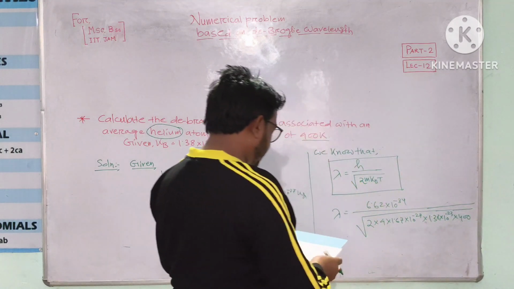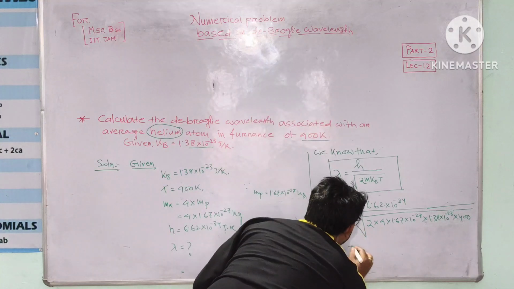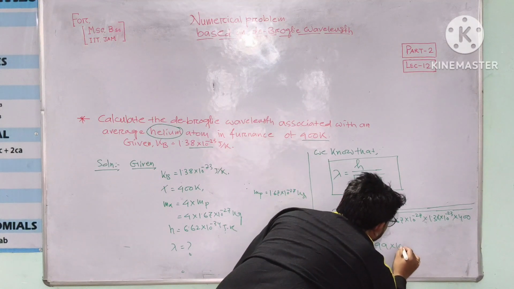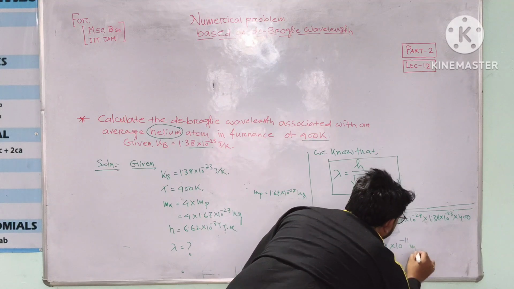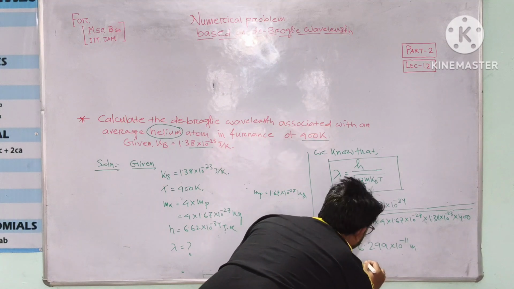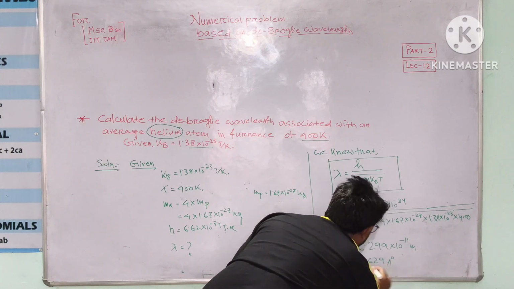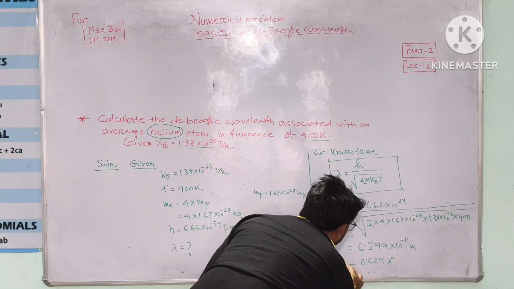After solving this part, we will get 6.299 into 10 to the power minus 11 meter, and finally we can write 0.629 angstrom. This is our required wavelength.